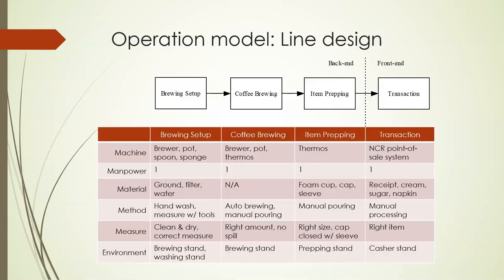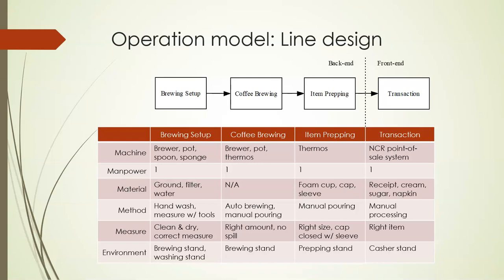This is what the production line looks like, starting from the brewing setup, including cleaning up the pot, drying it, pouring water to the brewers, putting the pot over there, putting in a filter, and so on. The next step is the coffee brewing, followed by item prep.